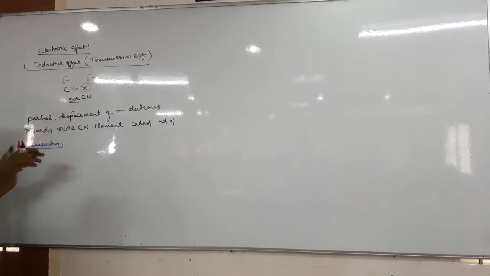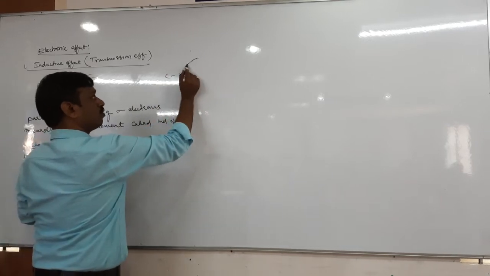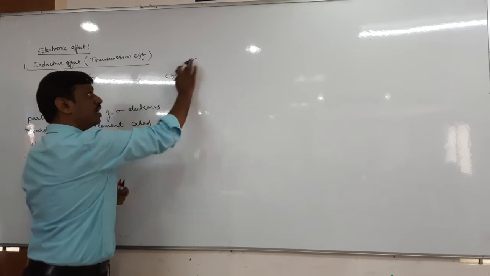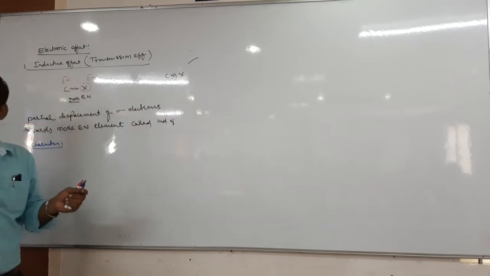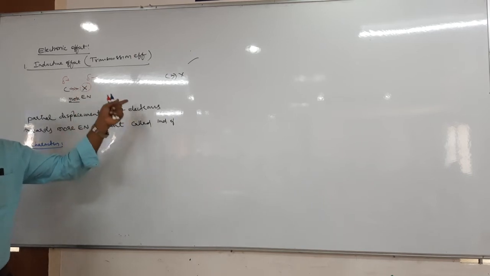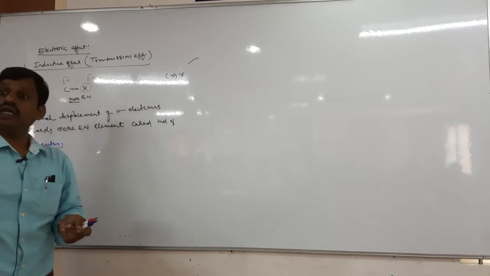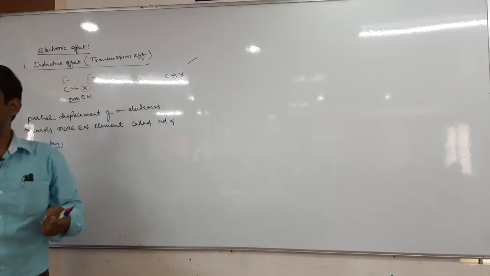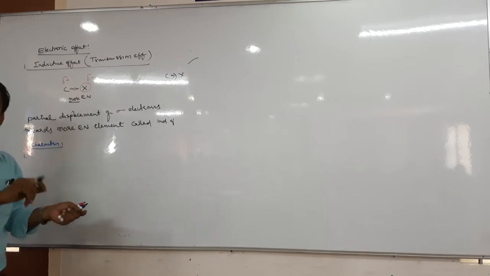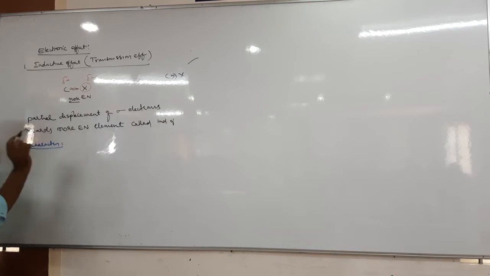Temporary means that when Y is added, only then electron shifting takes place, and when Y is removed, there is no shifting. Remember, in all the electronic effects, only the electromeric effect is temporary, the remaining effects are permanent. We will study later why. Therefore it is a permanent effect.